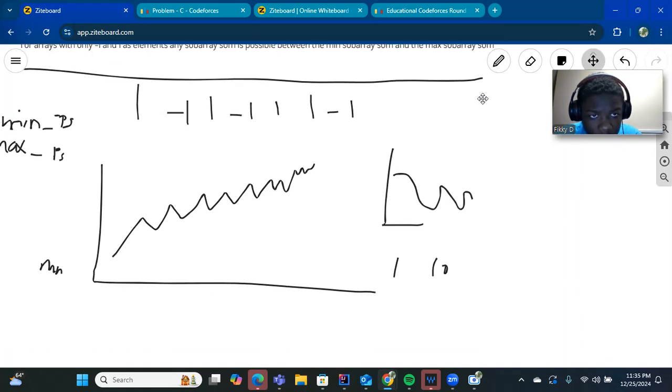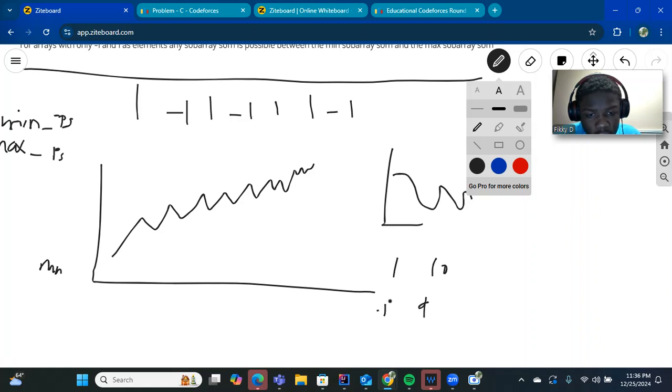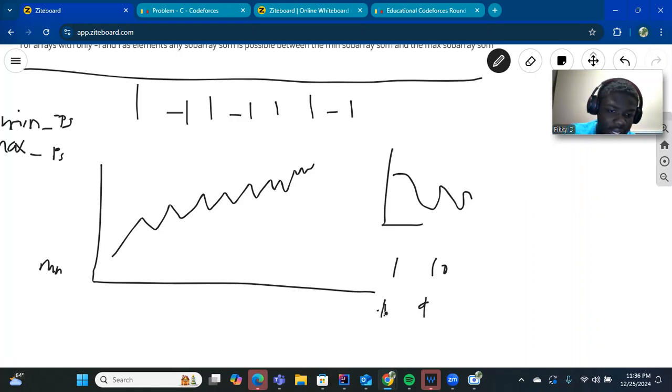The maximum would be 9 because it's just a difference of prefix sums, and the minimum would be 1. The idea is that you can achieve anything.